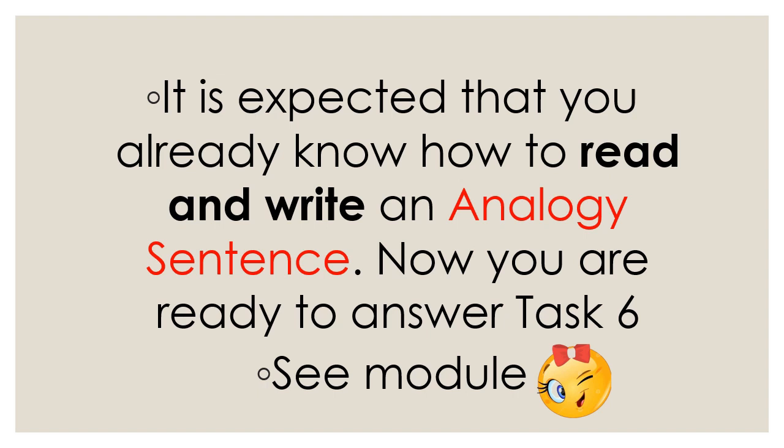Now you are ready to answer Task 6. See your modules. Now for Task 6, it is actually an inverted format from analogy sentence into simple analogy. Okay, again, to find out more, go to your module and see Task 6.